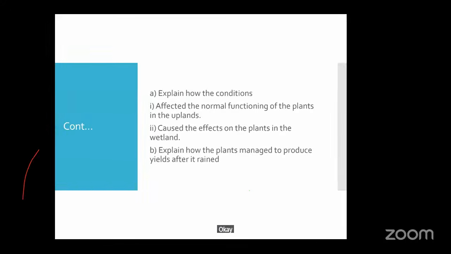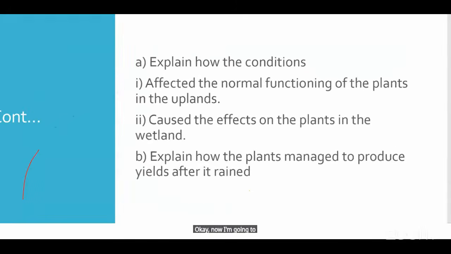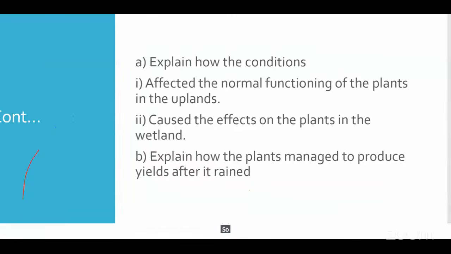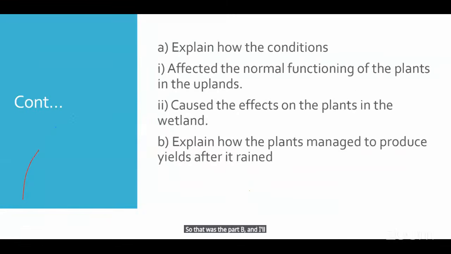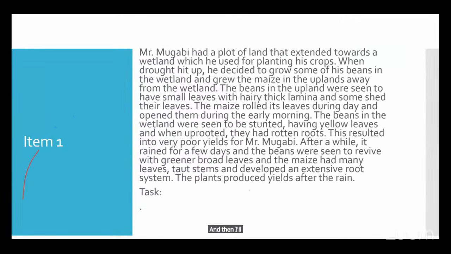Okay, now I'm going to invite someone to take us through and explain how the plants manage to produce yields after it rains. So that was part B, and then I'll go back to the scenario.